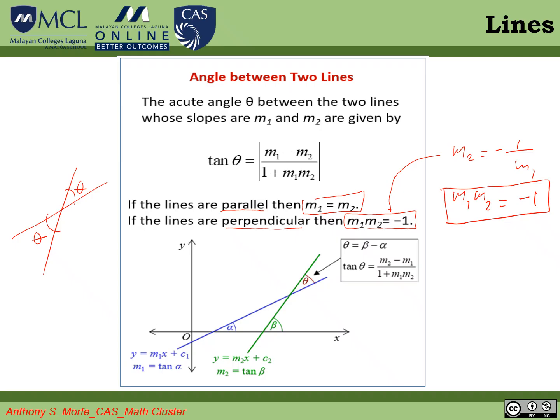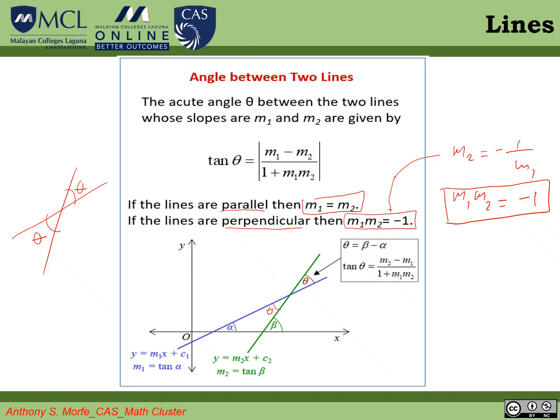Whatever the value of theta here, that is also the same angle here, the same theta. This formula is taken from here. Then we have theta equal to beta minus alpha.